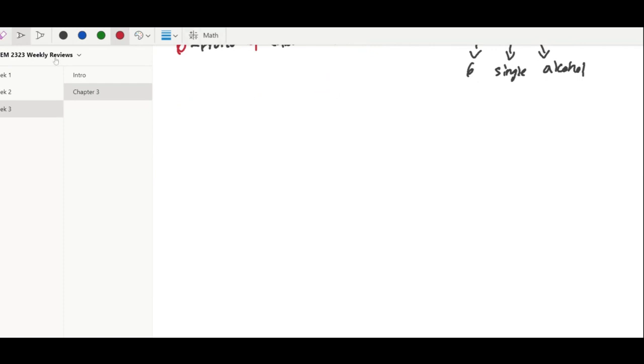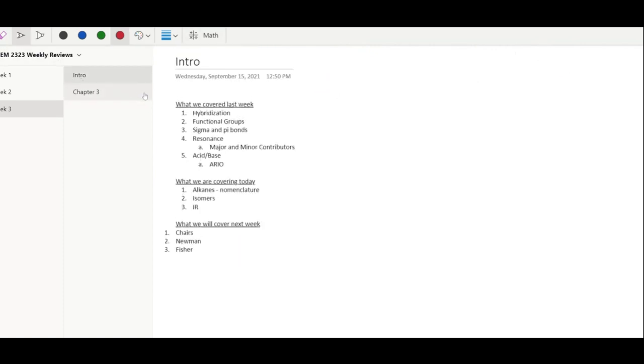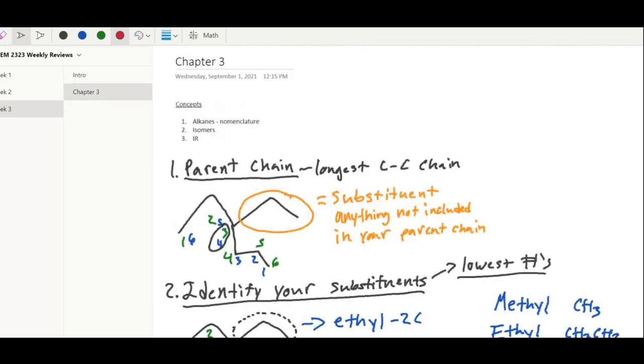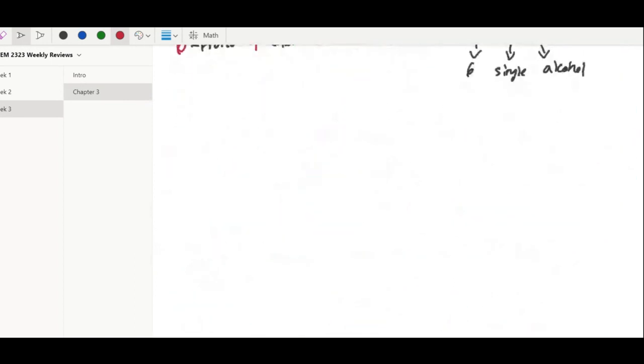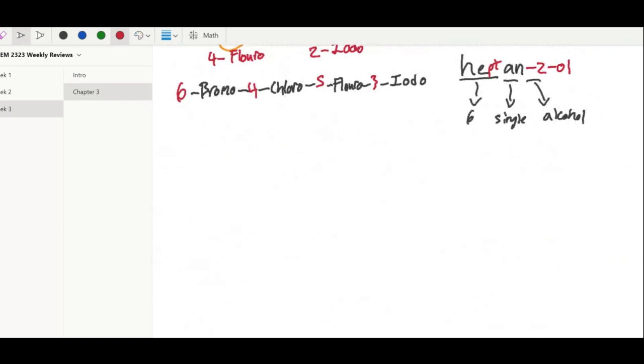So we went over nomenclature. Now I'm going to quickly go over isomers. We'll see if we have time over IR. IR, I believe you are getting the charts for it, so hopefully it won't be too bad.